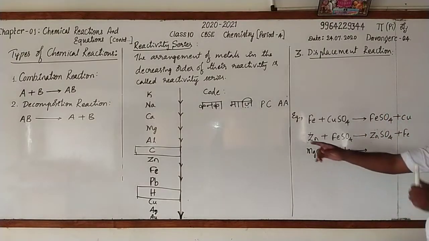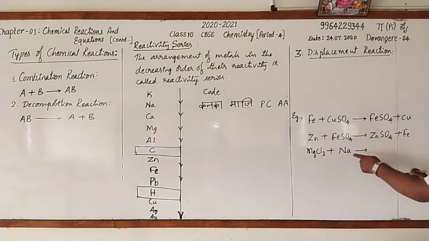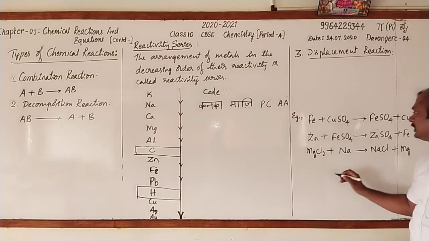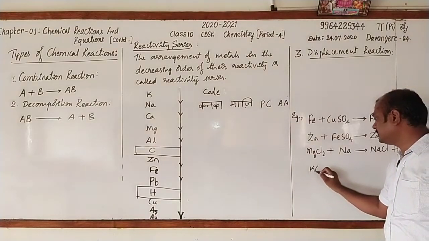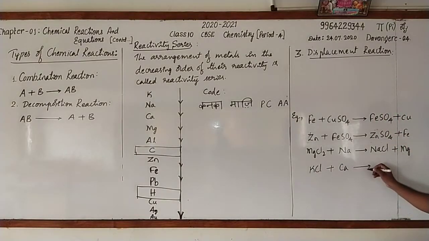Yes. Observe. Sodium is more reactive than magnesium, hence it displaces magnesium from magnesium chloride and it becomes sodium chloride. Magnesium gets separated. Followed? I'll take one more. KCl plus C. Is it possible? What is it? Yes.